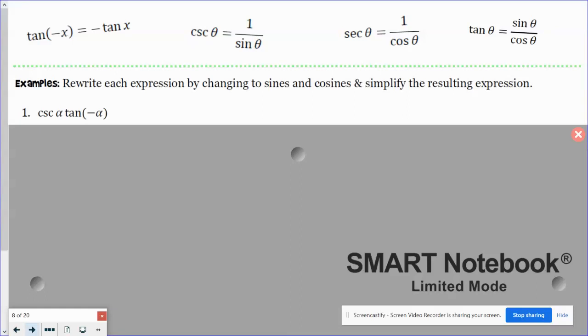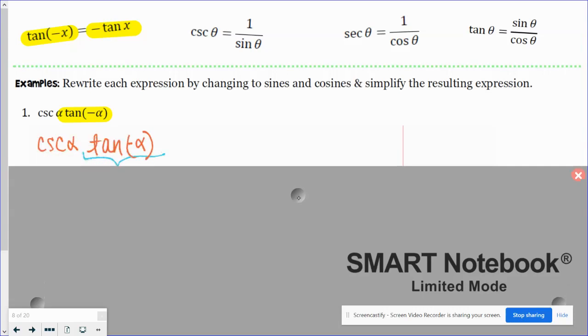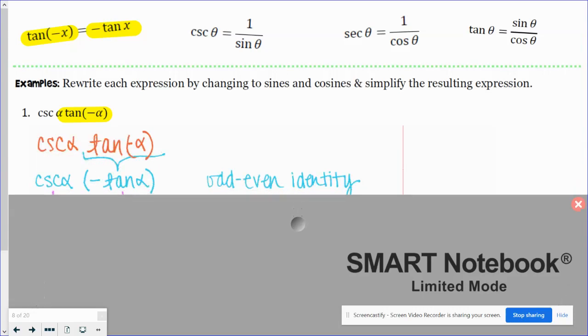Rewrite each expression by changing to sines and cosines and simplifying the resulting expression. Taking a look at number 1, I've got cosecant times tangent of negative alpha. Gotta deal with this. Can't leave that negative angle measure. So remember, tangent of a negative angle is equal to negative tangent of the angle. The first thing I did was use an odd even identity to rewrite tangent of negative alpha as negative tangent alpha. Next, I change to sines and cosines.